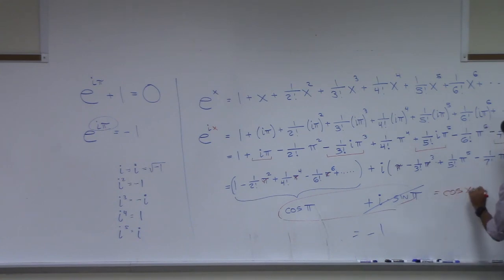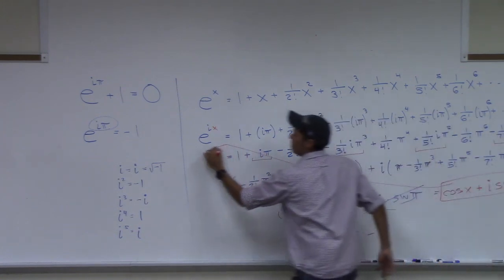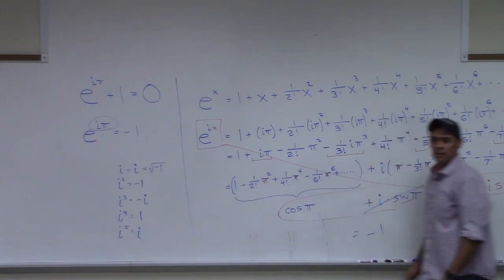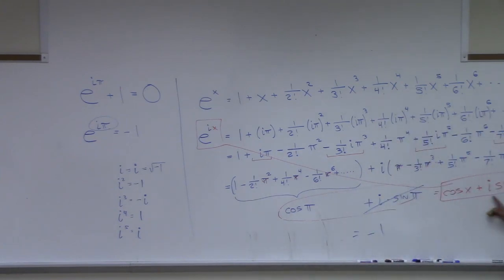Cosine of x plus i times sine x. And that you may recognize as being called Euler's formula. This is something you may have covered in pre-cal. Maybe, maybe not. But e to the ix is equal to cosine x plus i sine x. That's an important formula. It comes up quite a bit later.